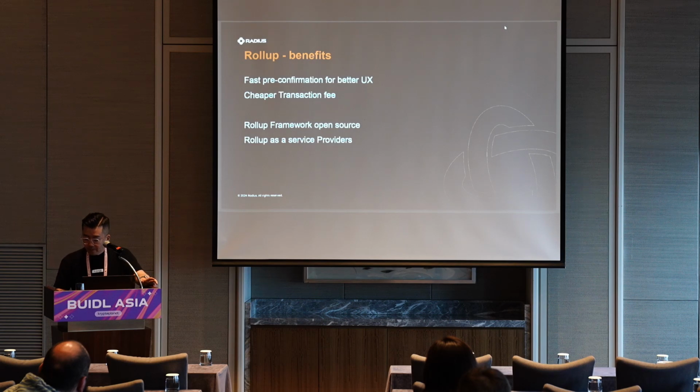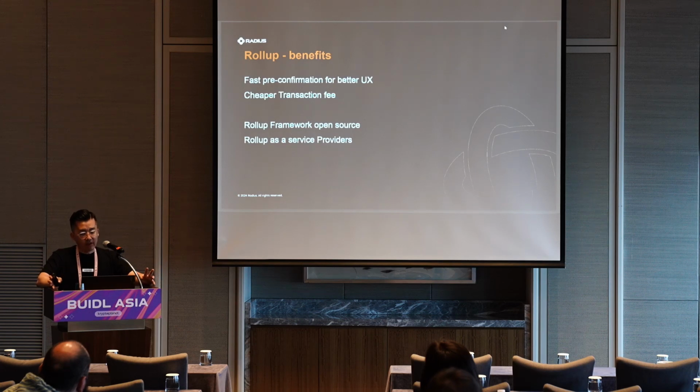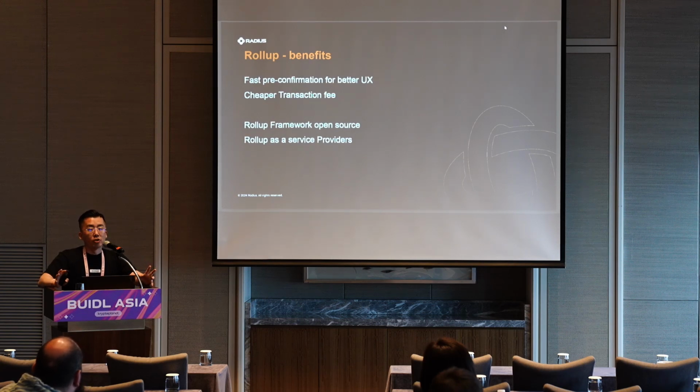I know you are familiar with rollups, but I'll just go over the benefits and some problems that rollups and Ethereum have right now. First of all, a rollup batches transactions from the user side offline, makes them one bundle of transactions, and submits it to Ethereum.